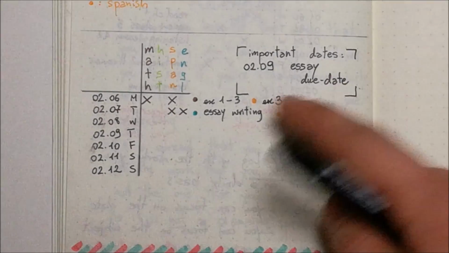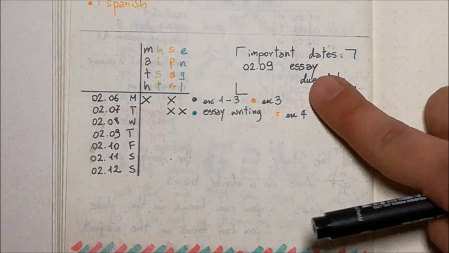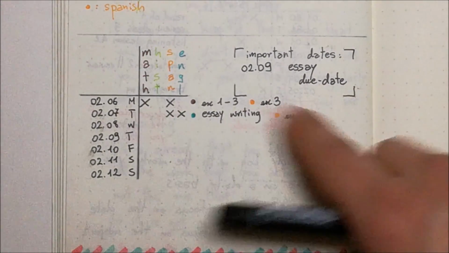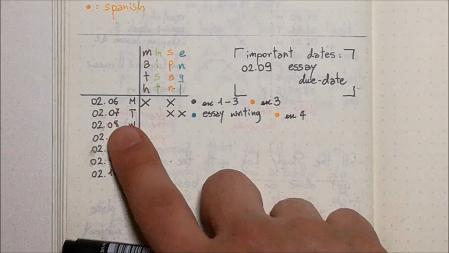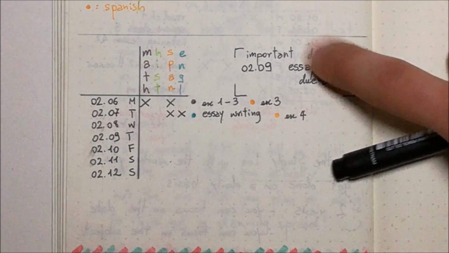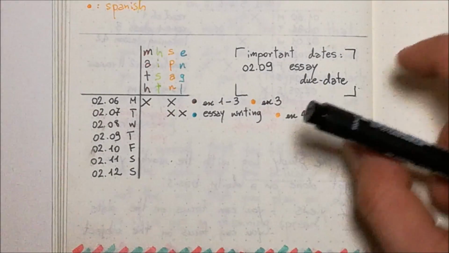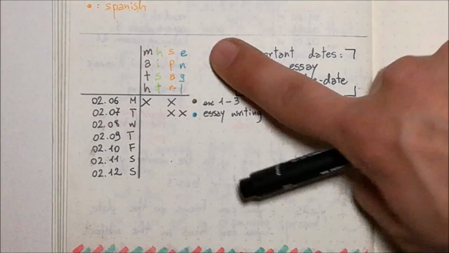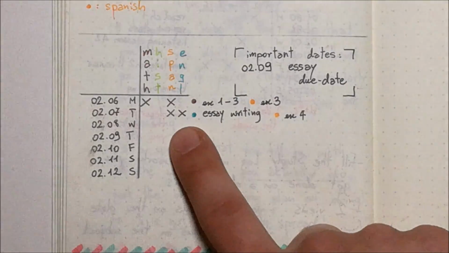Kind of busy, so that's all that you did on that day. On the following day, that's the day before the due date for your essay, so you want to really focus on that, so you work only on your English essay writing.